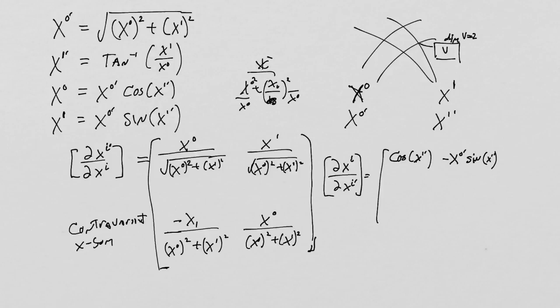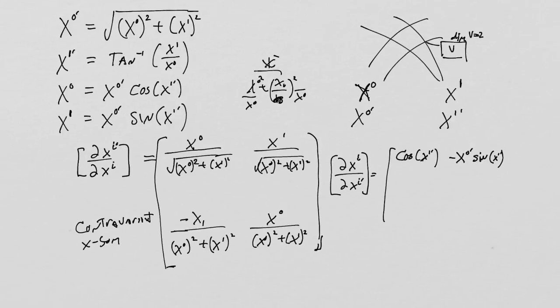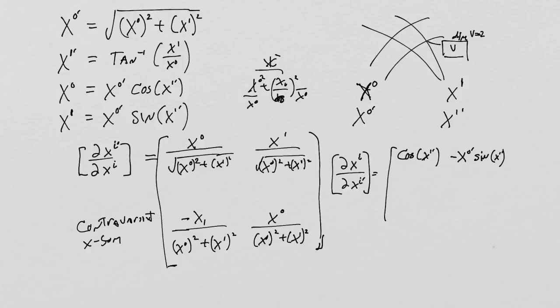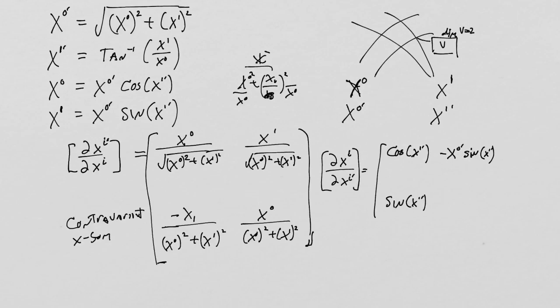And then I need the 1 function with respect to 0, so that's easy. That's sine of x1 prime. And then I need the 1 function with respect to x1 prime, which is x0 prime cosine x1 prime, like that.